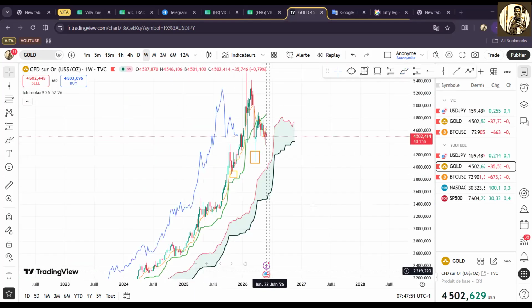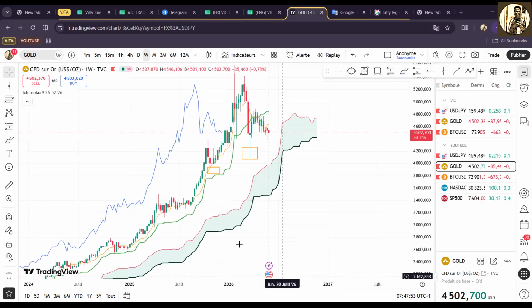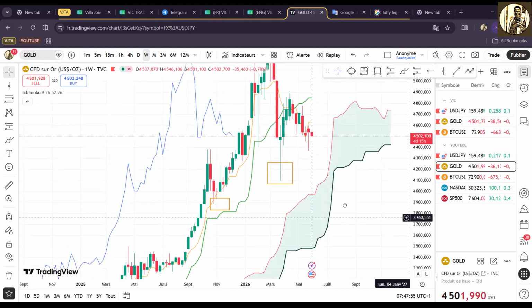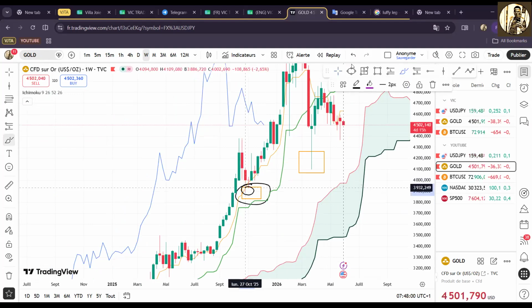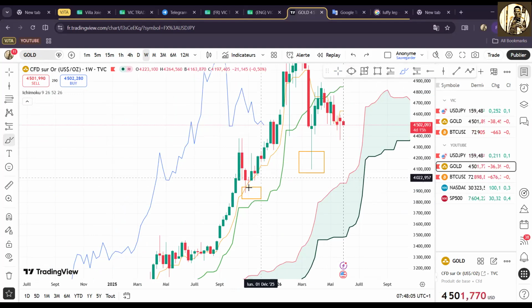So let's look at it together now. On weekly, for example, let's take this Tenkan weekly, that is already mapped. That's the root. So weekly gives you the root. You need to remember that all Ishimoku lines have this property: they are zones.